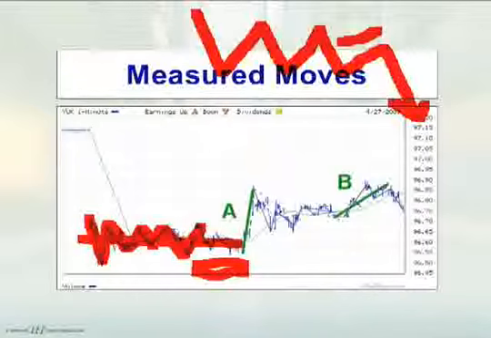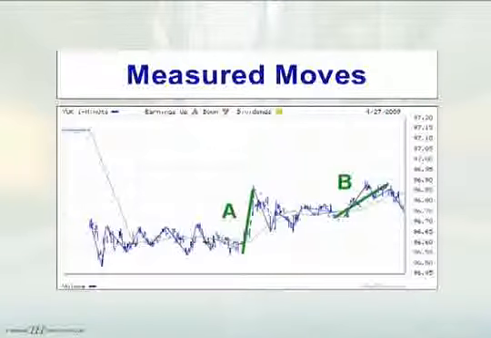But when we get down to this segment here of that two-wave action, now the momentum has shifted. We have a slower pullback, a little bit of a bounce, and then a congestion move. So this gives you that heads up that this particular trading range has a higher probability of breaking higher than it did breaking lower.